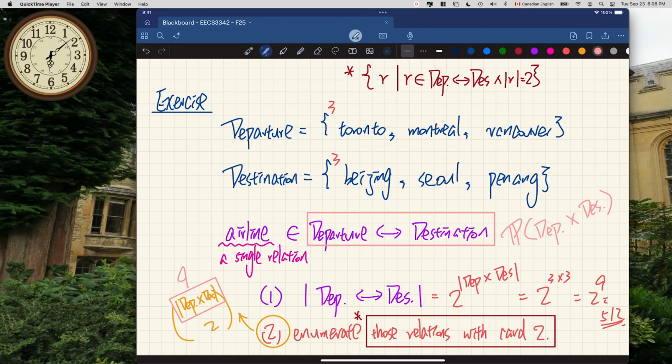Right? 9 choose 2. You can apply the formula. I'll give you the number. You can verify by yourself. That one there is simply equal to 36. So 36 is not big. It's okay, right? But if I do let you enumerate that, for example, in the exam, that should be considered like an easy question, right? Because you just need to do the work to actually enumerate it, or something smaller, okay? Okay, so that's kind of exercise here. You know, we can do it all together. All good, okay?